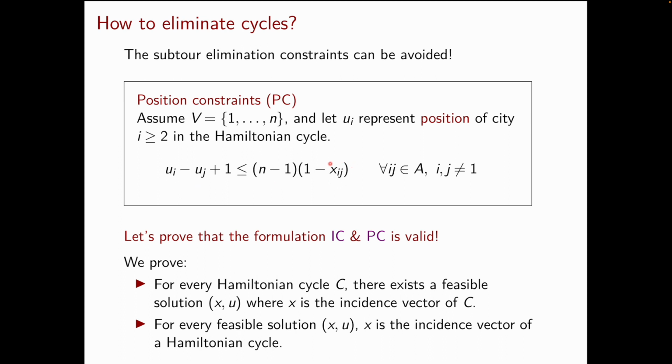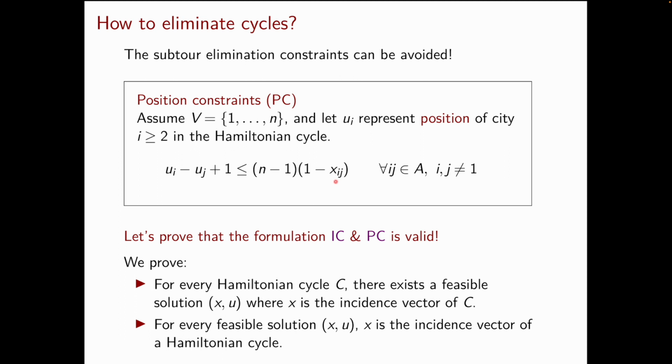So, when xij is equal to 0, then we obtain ui minus uj less than or equal to n minus 2. Since every u is between 2 and n, such a constraint is always satisfied. So essentially, when xij is equal to 0, then this constraint can be ignored. So it only makes sense for xij equal to 1.